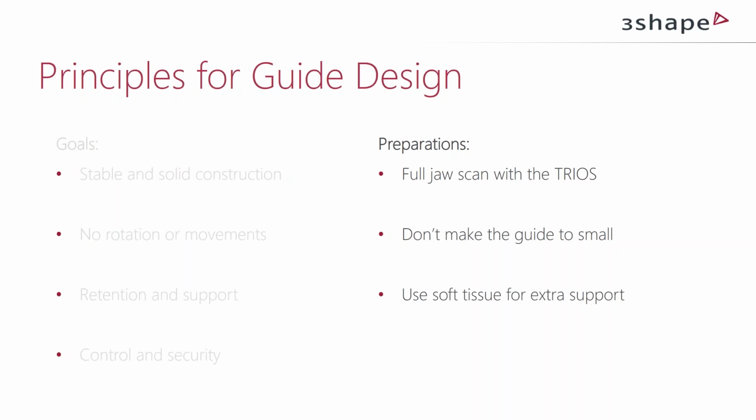It is also important that when we get the doctor to scan a big area of the jaw, we can actually use this tissue that we see in the scan for extra support.